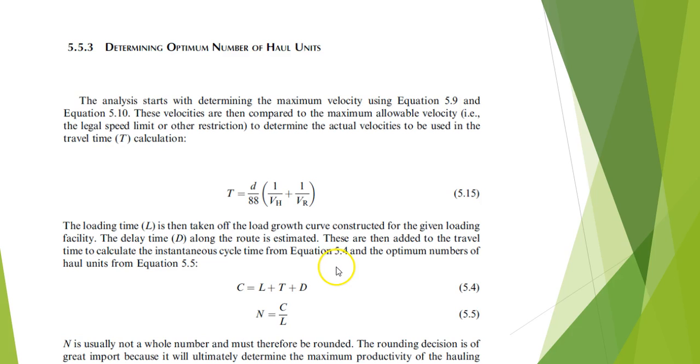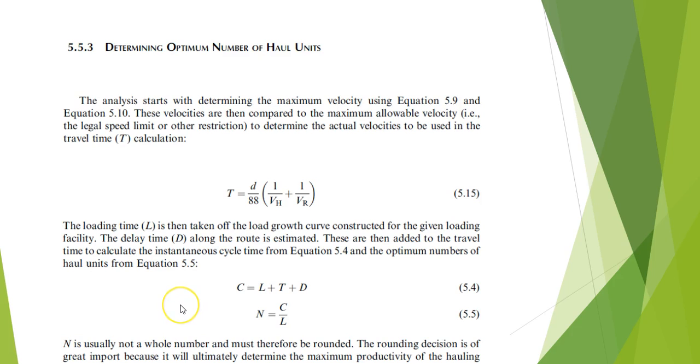Again, you could measure that or use a factor, although it's probably better if you can to actually use a watch and calculate it. These are added, you add them all to the travel time, and you're able to calculate the instantaneous cycle time. And going back to equation 5.4 and the optimal haul unit equation 5.5, cycle time, number of haul units.